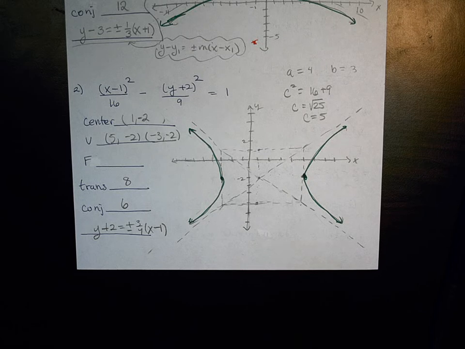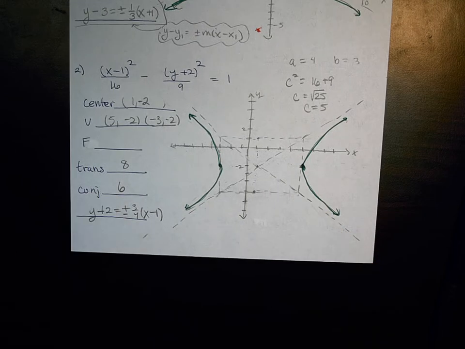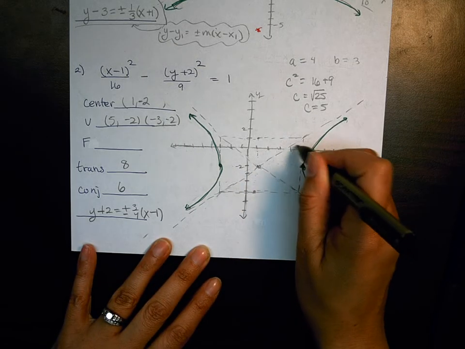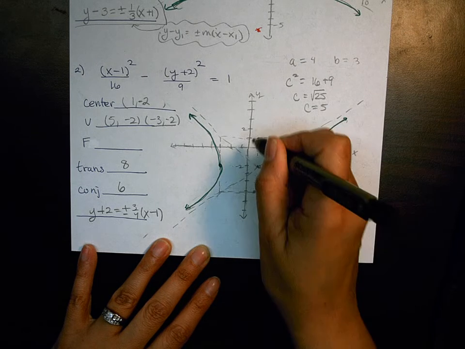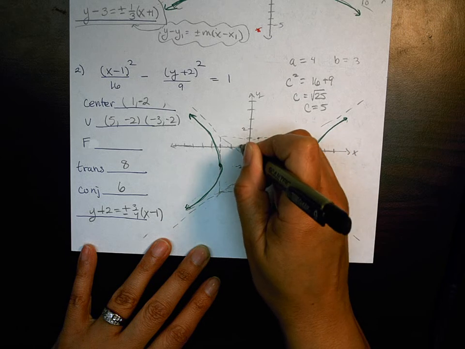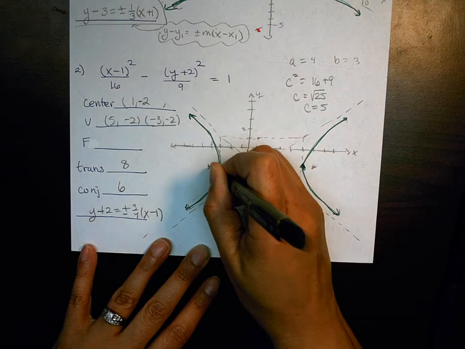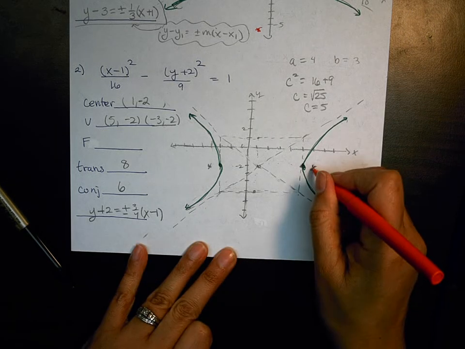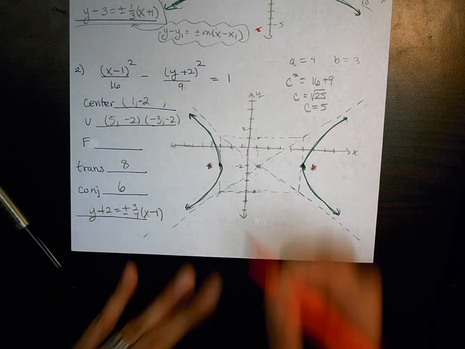So what I would do if I were you, you could use your formula, but I would just come here and go 1, 2, 3, 4, 5, put a dot, and write that ordered pair. If you're visual, you're not using the formula, you're just going there and figuring out those two ordered pairs.